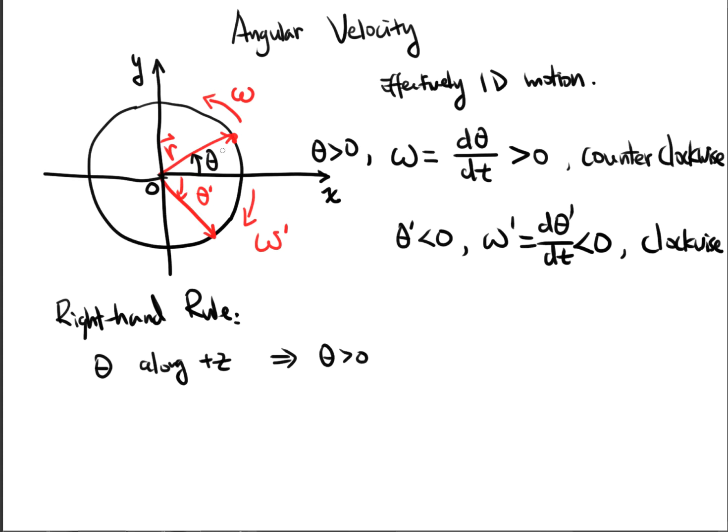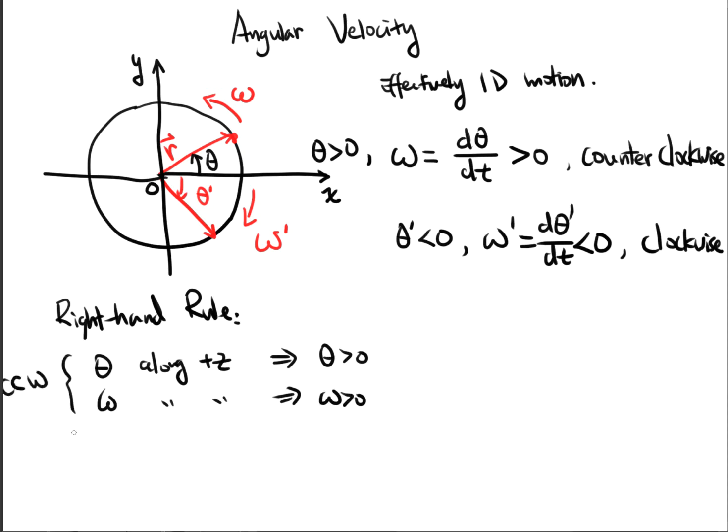Now if we do the same thing for omega using the right-hand rule, the fingers of the right hand are curling along this direction. Now the thumb is pointing along the z-axis. Omega is along the positive z-axis, so that's why omega is positive. So that's for counterclockwise.